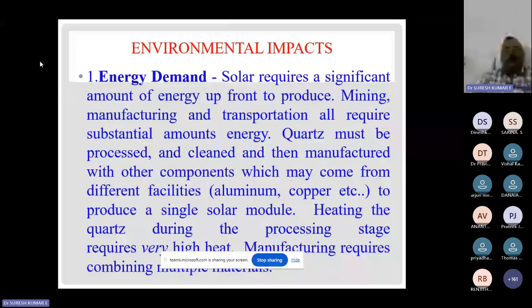Then one by one, we will see again the environmental effects. One is energy demand. This is another interesting thing. Solar requires a significant amount of energy upfront to produce.